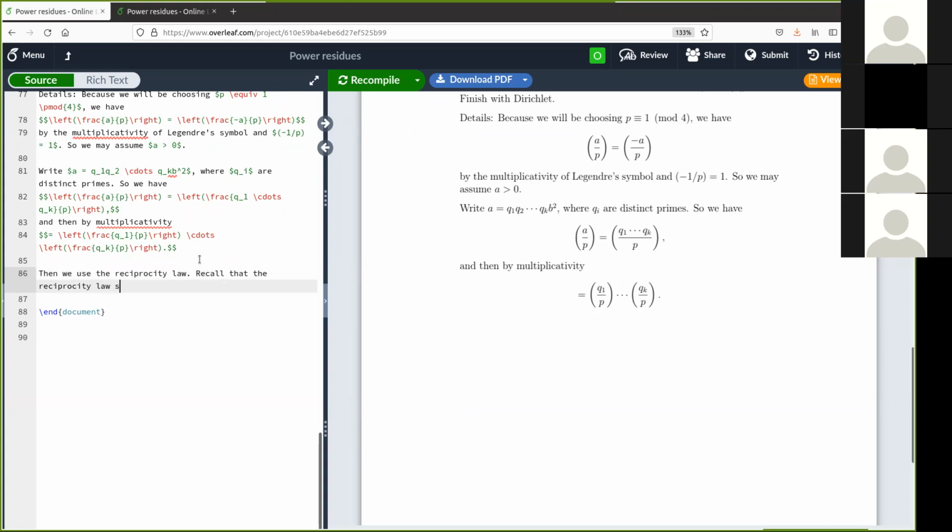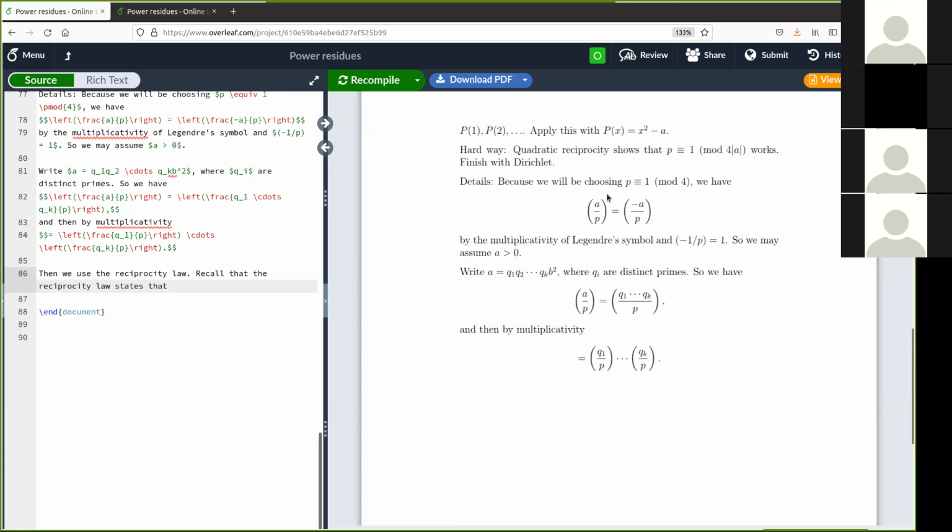I think you should have taken P congruent to 1 mod 8A, because we also want 2 to cancel. We also want 2 to cancel because 1 is not always a quadratic residue modulo 2, like for P congruent to 1 mod 4.